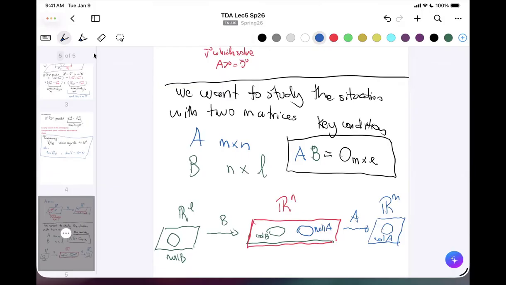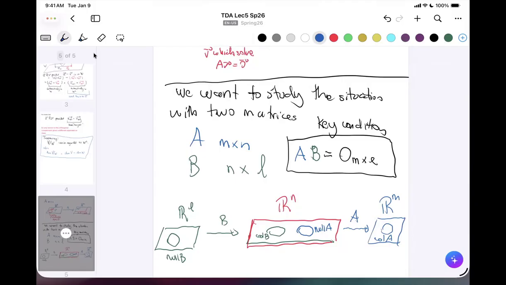What's happening is that I'm drawing the picture in the middle on purpose as being misleading, because I haven't used this information yet. If you have just two random matrices, you can draw their null spaces and column spaces, and you don't expect them to be related at all.